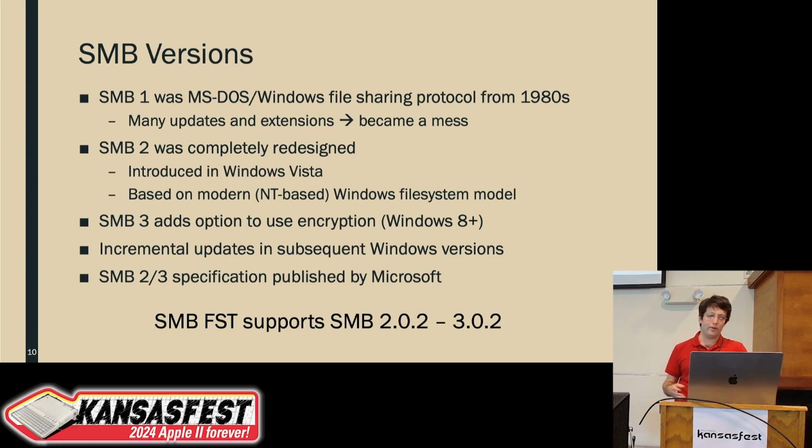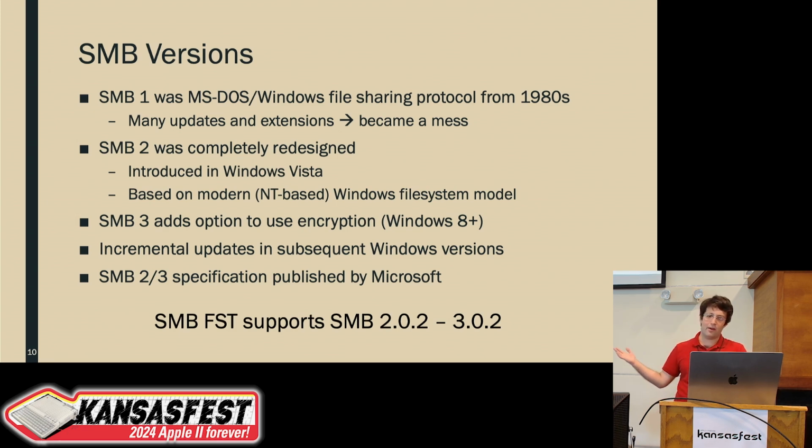And in the Windows Vista era, around the mid-2000s, I think 2006 it was released, Microsoft came out with SMB2, which was a new protocol redesigned from the ground up. That was based on the modern Windows file system model, so Windows NT-based versions of Windows, because that's all they were using by then. And so that's the basis of all modern versions of SMB.